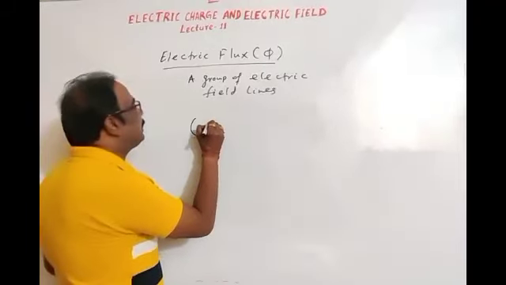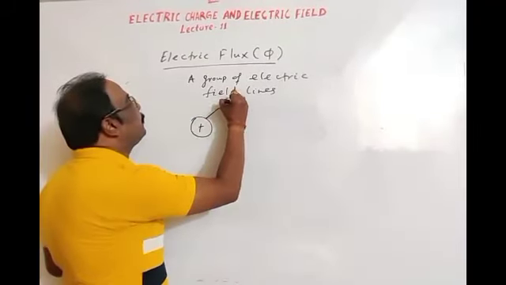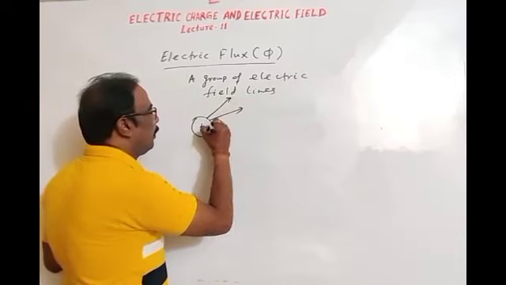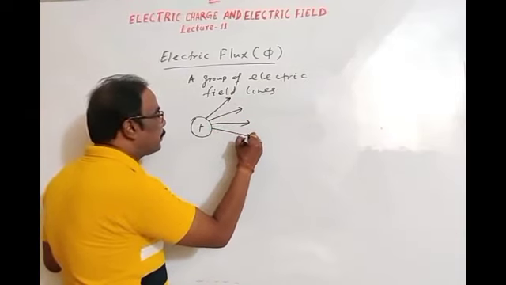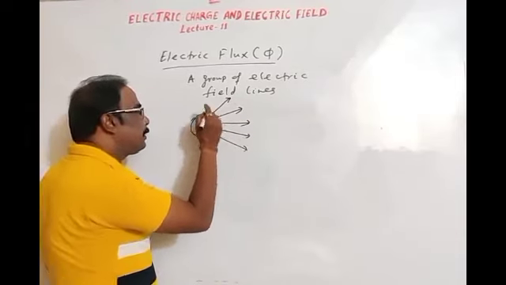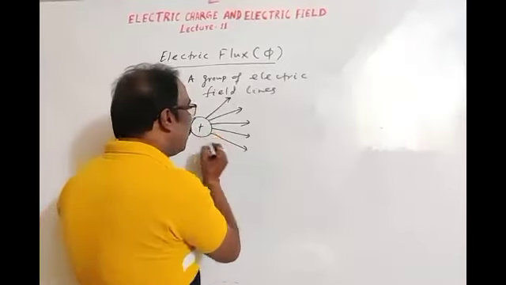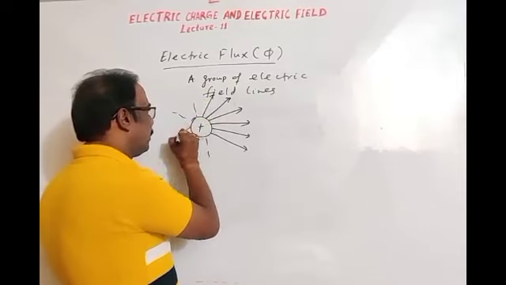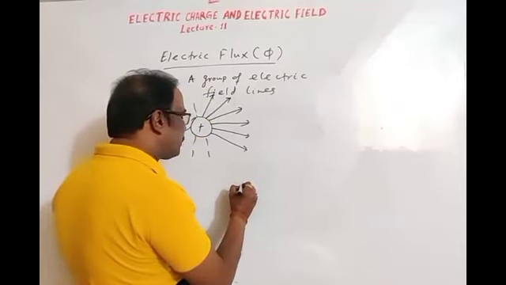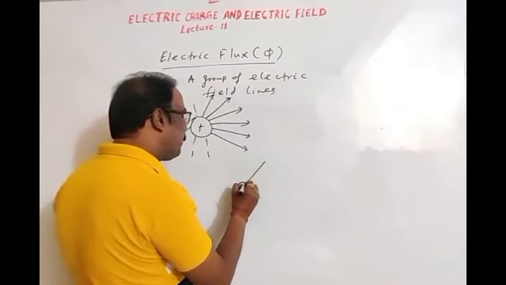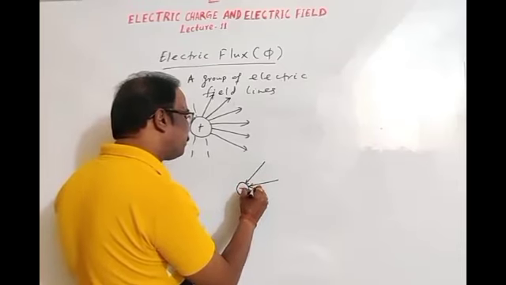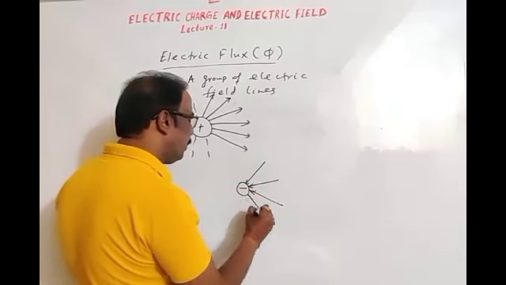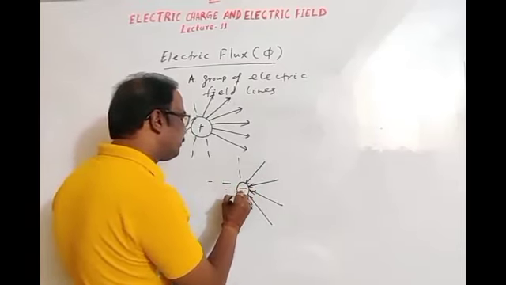If you consider a positively charged body, electric lines of force emanate from its surface in all directions. For a negatively charged body, electric field lines are radially inwards in all directions.